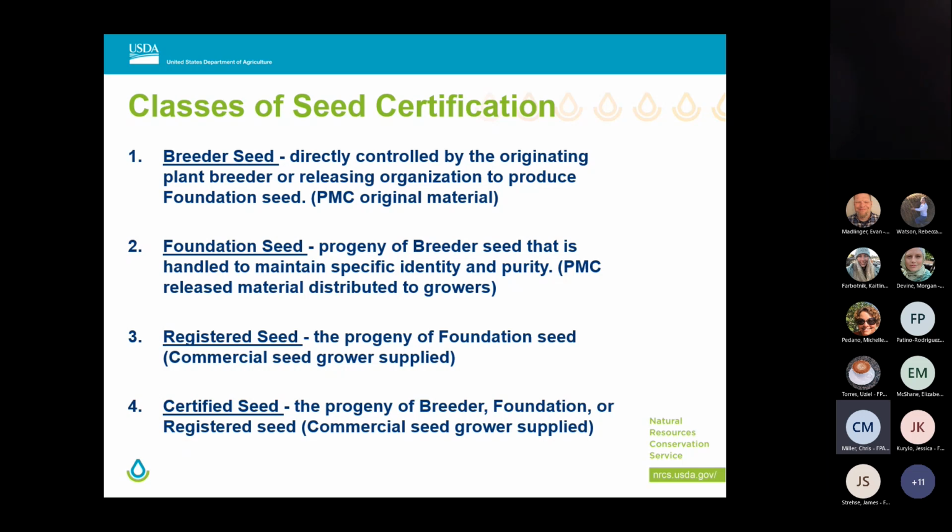And we promote the use of certified seed for the purchaser, because that guarantees the quality of the material. So any commercial grower can start with their breeder seed, so they maintain that original material. They use that the first generation, it becomes the foundation seed, and then the second generation is the registered or certified seed.